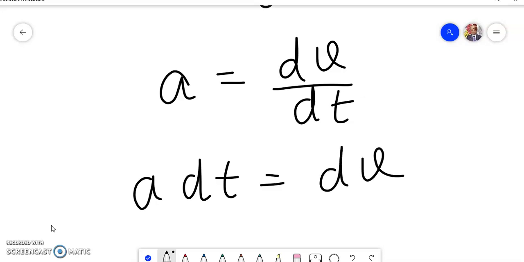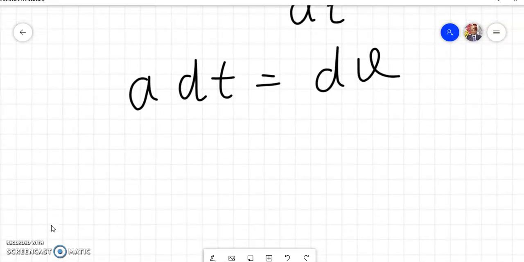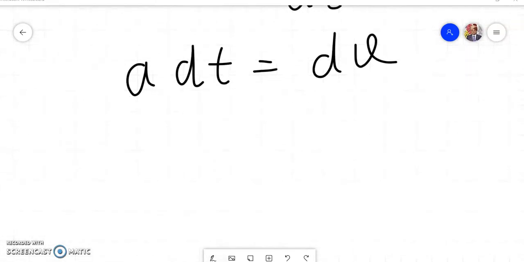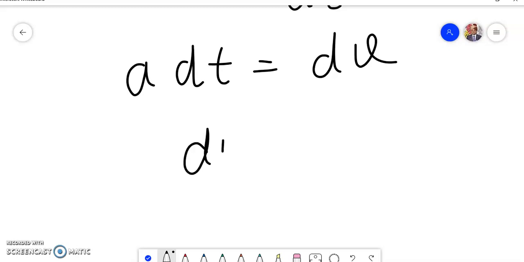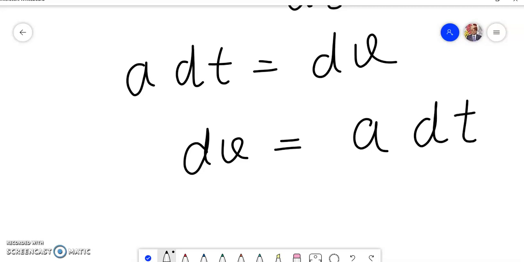Dear students, or conversely we can write it in a similar way, dv is equal to a dt. Now see, both sides of this expression have a differential component. So to get the desired value, we need to integrate it.